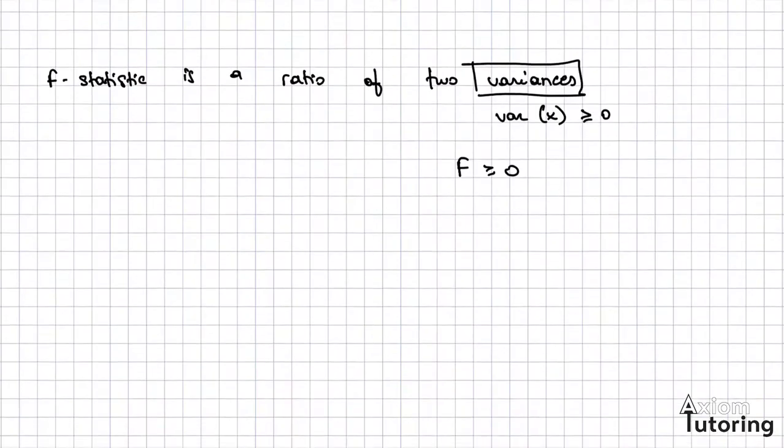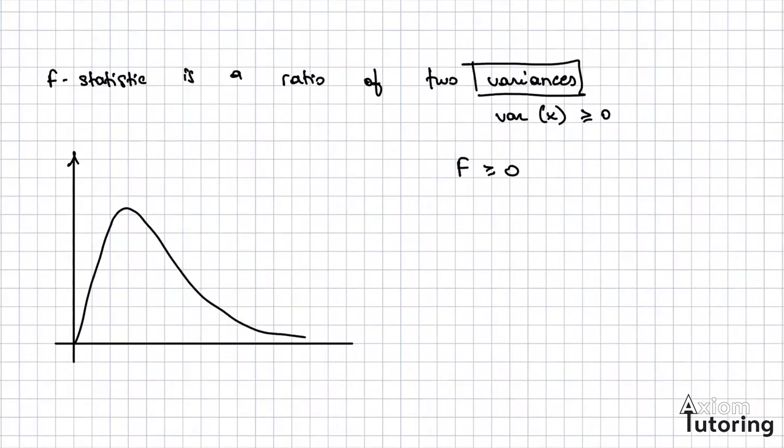So if you were to look at any tables that are given to you for the F distribution, you'll see that it starts at 0 here and it has a very long tail in here.